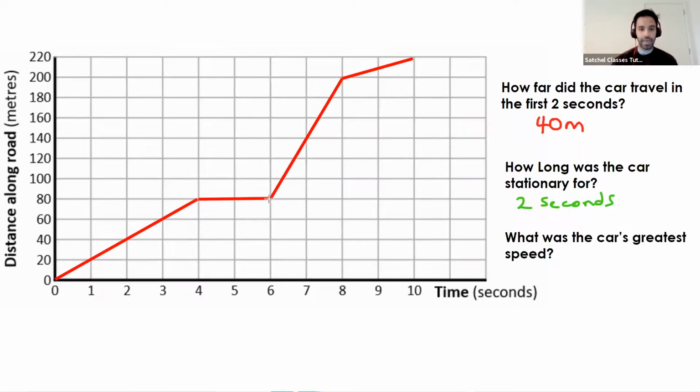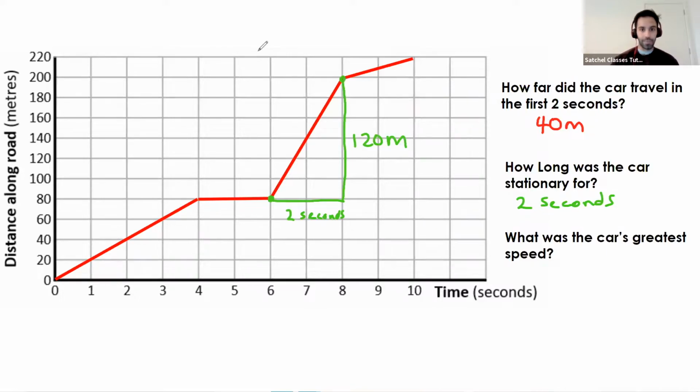Whereas over here, if I pick from this point to this point, in 2 seconds the car covers, we're starting at 80 and it reaches 200. So in 2 seconds, the distance traveled is going to be 120 meters.